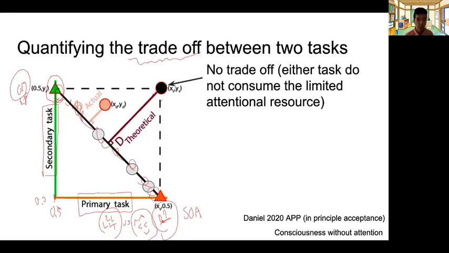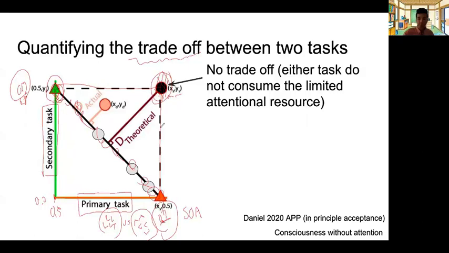And that corresponds to this top right location of this dual task performance. Here, the X coordinate indicates the performance of the primary task, and the Y coordinate indicates the performance of the secondary task. Okay, and both of them are not different from the single task performance of this one and this one.